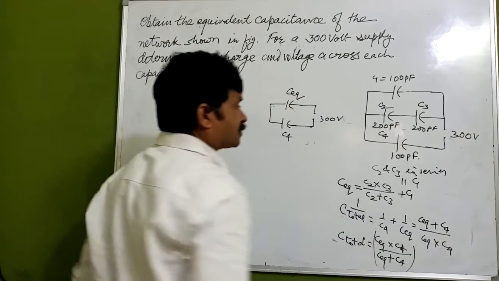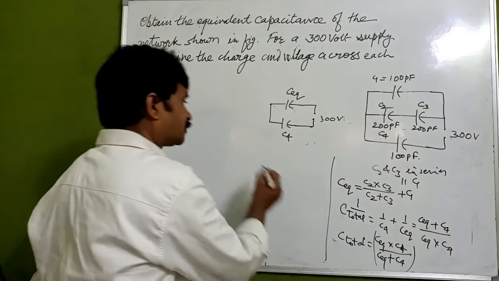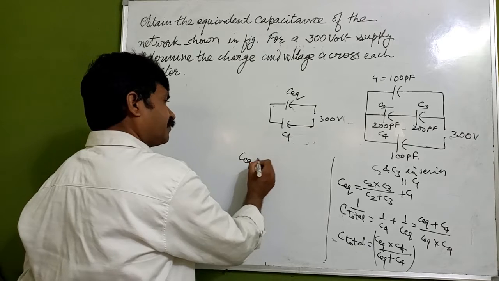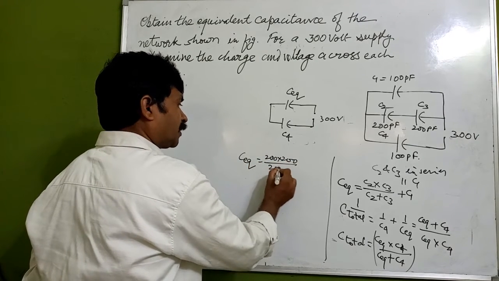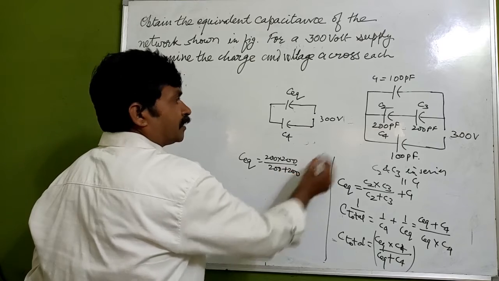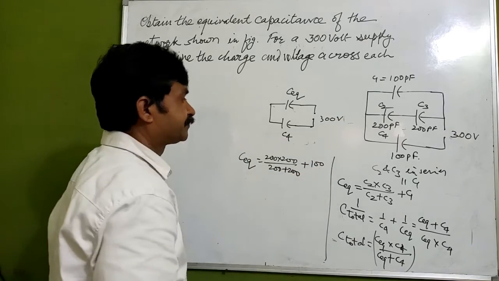Now we will go with this fast. 200 into 200 divided by 200 plus 200, and C1 is also that 100 picofarad.